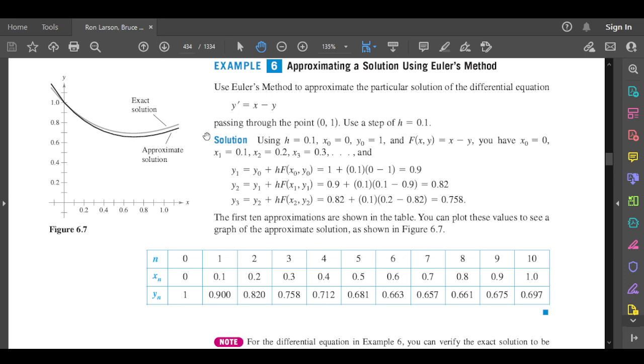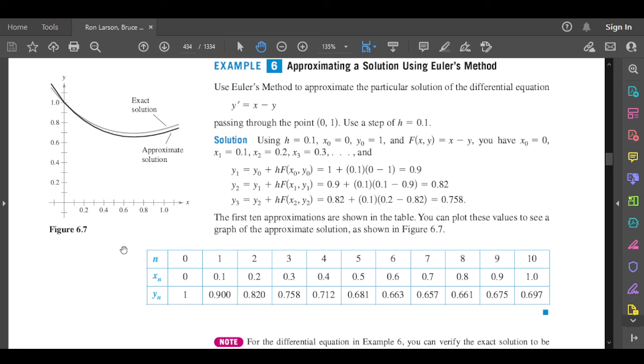So in your case, if you are asked to approximate the solution of the differential equation using Euler's method, you just have to provide these points, x sub 0, y sub 0 up to x sub n, y sub n, depending on how many n you use. That is the approximate solution of the differential equation.